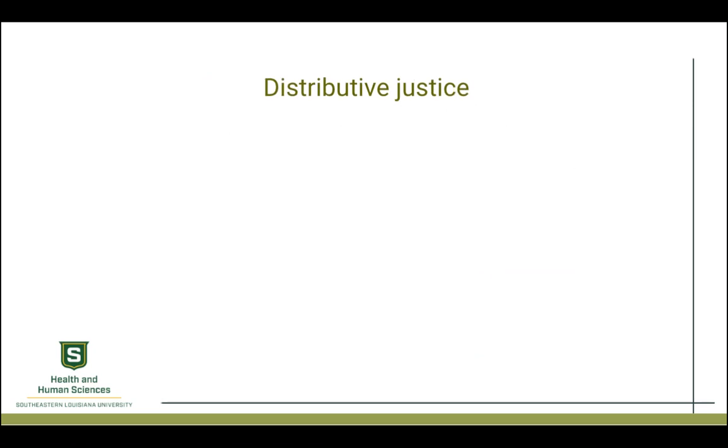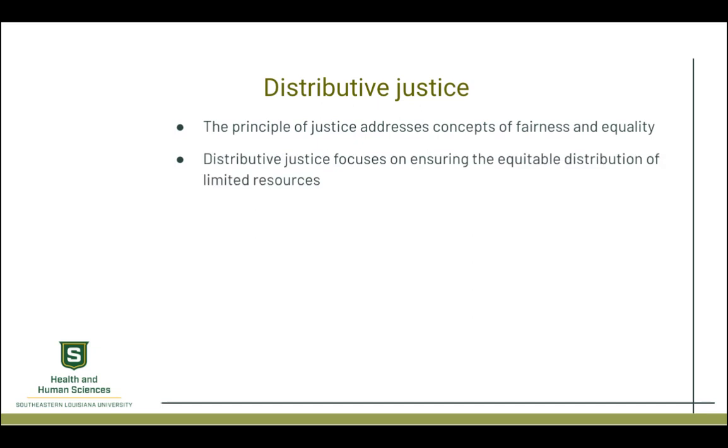And at the heart of ethical decision making is what we call distributive justice. The principle of distributive justice is to address the concept of what fairness is and what equality is. Distributive justice tries to focus on equitable distribution of limited resources.